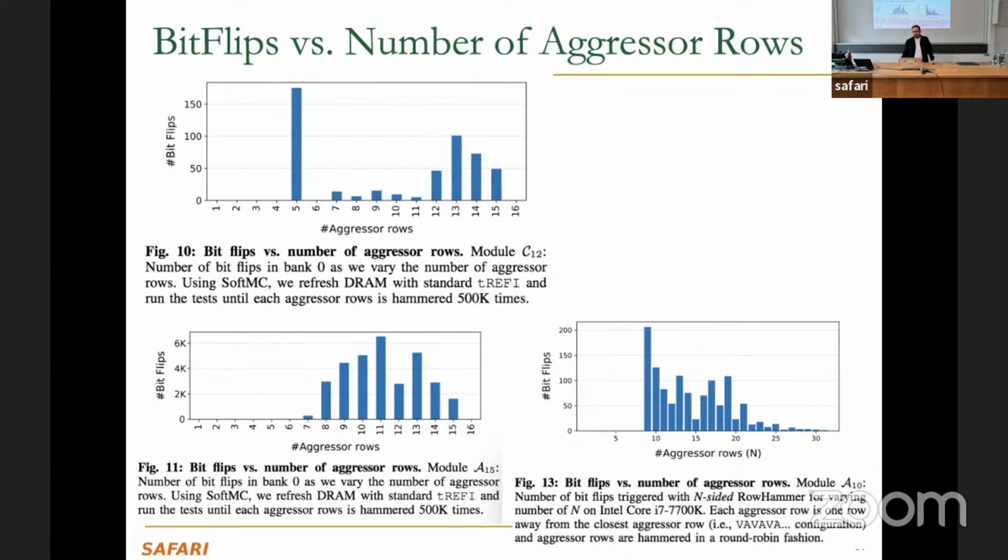So as a result, you don't have bit flips. But the moment you introduce the 5th aggressor row that you concurrently hammer, they cannot keep track of the 5th one, and then you have a lot of bit flips. And as you increase the number of aggressors, since you have a limited time window, you have smaller hammer counts per aggressor. So as a result, you have smaller bit flip counts.